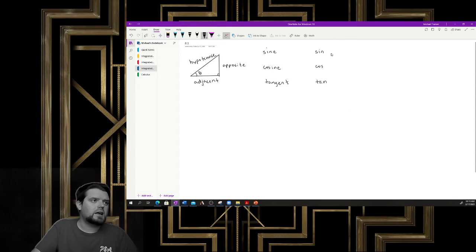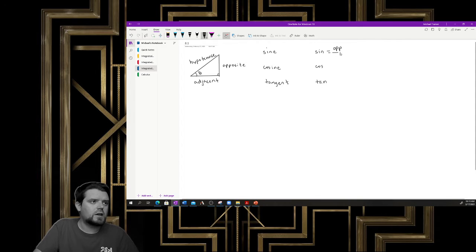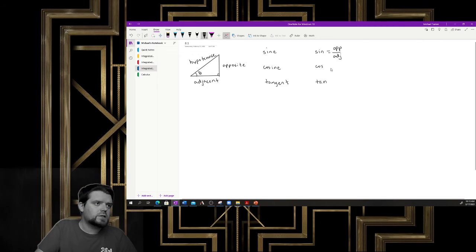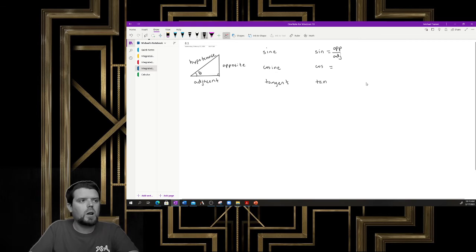Sine is defined as the opposite side over the adjacent side. So we're setting a fraction or a ratio, comparing those 2 sides. Sine is opposite over... Step back a second. Sorry, sine is defined as opposite over hypotenuse. Getting a little ahead of myself.